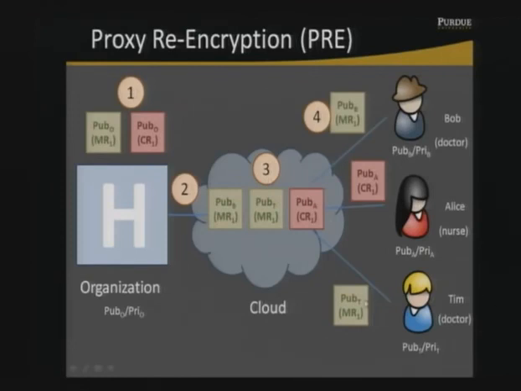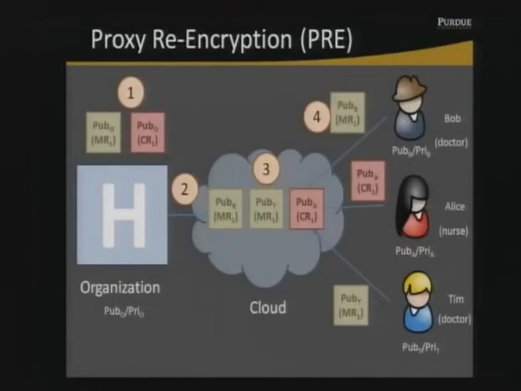So here also, even though the organization doesn't have duplicate encryption, the cloud needs to keep duplicate encryptions. That's a big problem. If you have an update to a document and you cater for 10 users, you will have to re-update it 10 times for all the users. And when you talk about a large-scale system, this is going to be a big overhead.